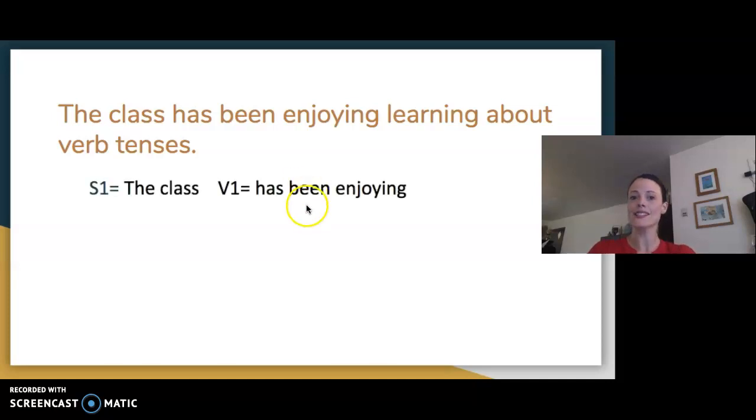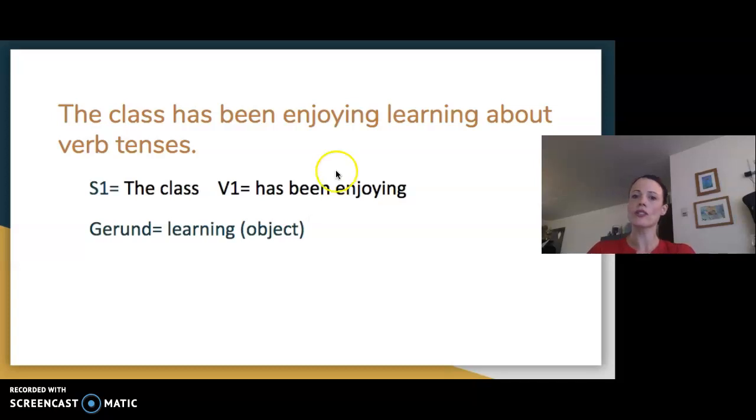The class. What has the class been doing? It has been enjoying. The class has been enjoying what? The class has been enjoying learning, yeah? So that's our object gerund. Comes right after the verb.